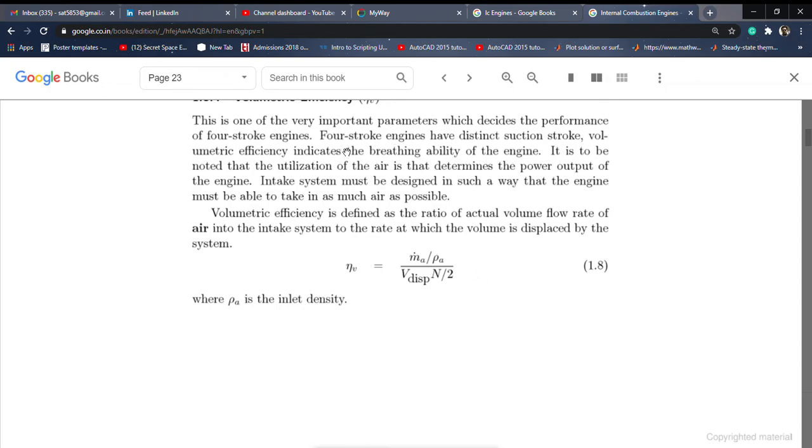So in a four stroke engine, in two revolutions of the crankshaft there is only one suction stroke. So this is your theoretical volume intake, and this is the actual volume intake, because the valve will open and the intake manifold has some friction, so we will get a little less air as compared to what we would get in the ideal case, okay.